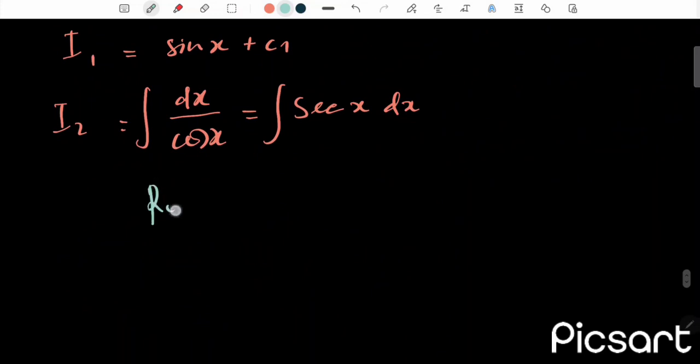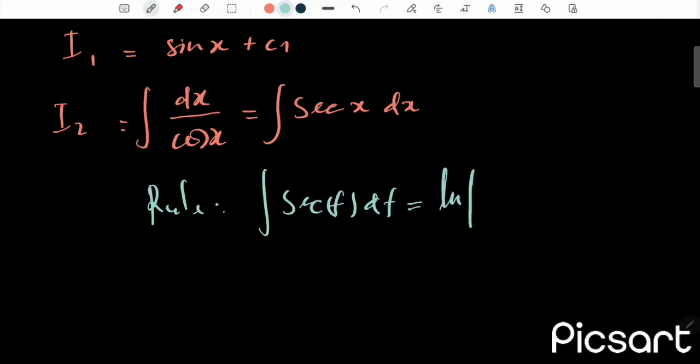The rule for this is that the integral of sec of f d of f is equal to ln of the module of sec of f plus tan of f plus c.